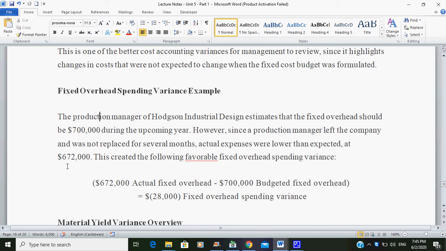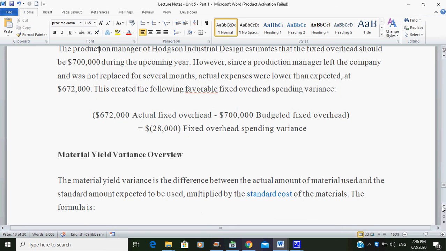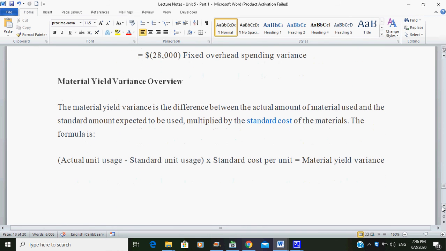There are a number of possible causes of a material yield variance. For example, scrap, material quality, spoilage, freight-in issues. You can read this back on your own. Scrap: usually amounts of scrap may be generated by changes in machine setups, or because changes in acceptable tolerance levels are altering the amount of scrap produced. A change in the pattern of quality inspections can also alter the amount of scrap. Material quality: if material quality level changes, this can alter the amount of quality rejections.